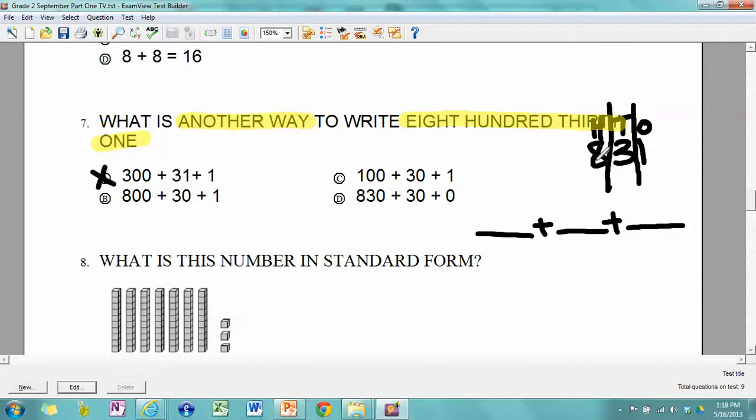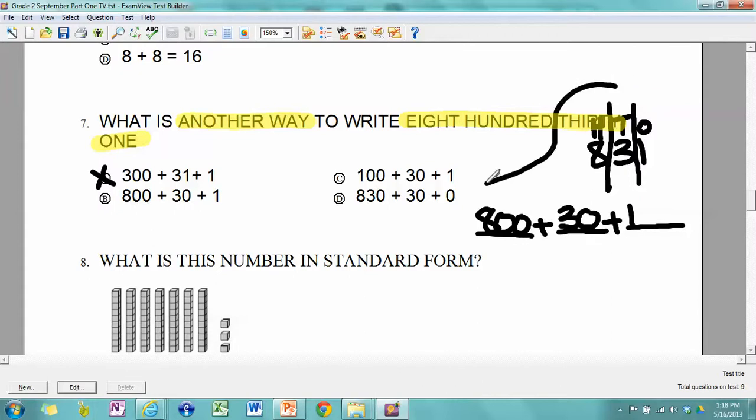Do we have 8? You're going to be correcting this from the beginning of the lesson, where kids have the tendency to do 8 plus 3 plus 1. But by the time they're on this end of the month test, they should be advanced and be able to say there are 8 hundreds in the hundreds place. There are 3 tens, which is the same as 30, and of course 1 one. So this would be considered their solve.